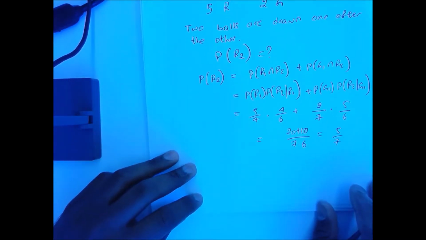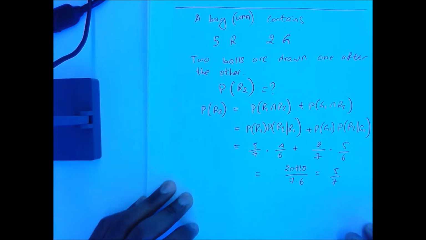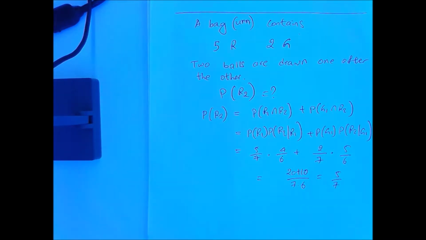Question? Yeah, Sandra. Is it just a coincidence that 5/7 in the end is the probability in general of drawing a red ball? Right, that's the argument which we just made. Every ball is equally likely to be picked as a second ball, so if you go through that argument, you calculate the probability of the second ball being red as 5/7, because there are 5 red balls and 7 balls total.